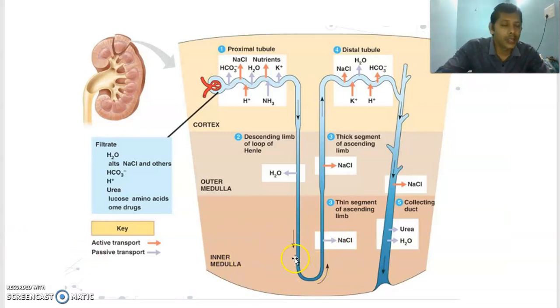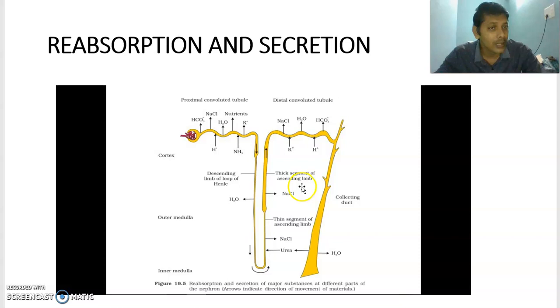What is meant by osmolarity? You learnt in the previous part: the amount of solute present in a solution is called osmolarity. Here, the osmolarity in this lower part is around 1200 milliosmoles. Urea is coming out here, and that urea helps to maintain the desired osmolarity, not the entire urea, only small amounts. Observe the urea recycle.